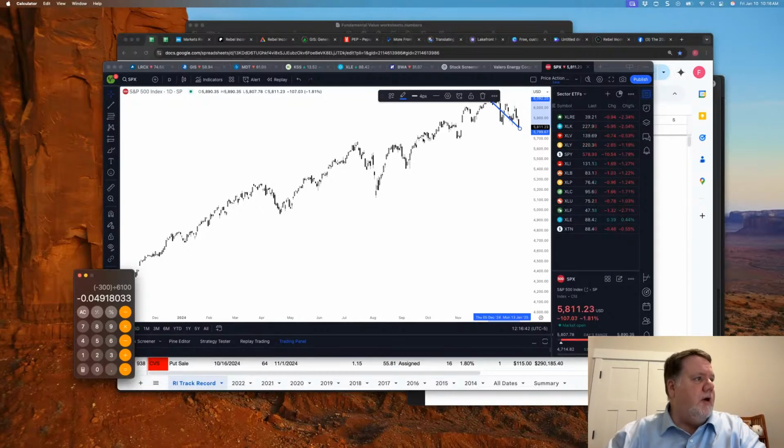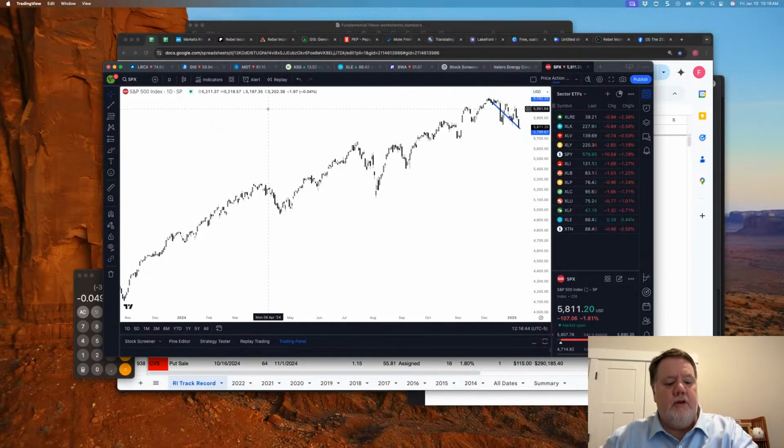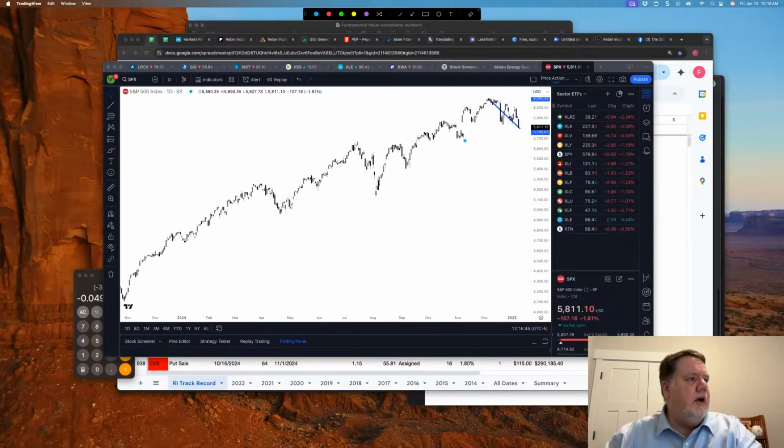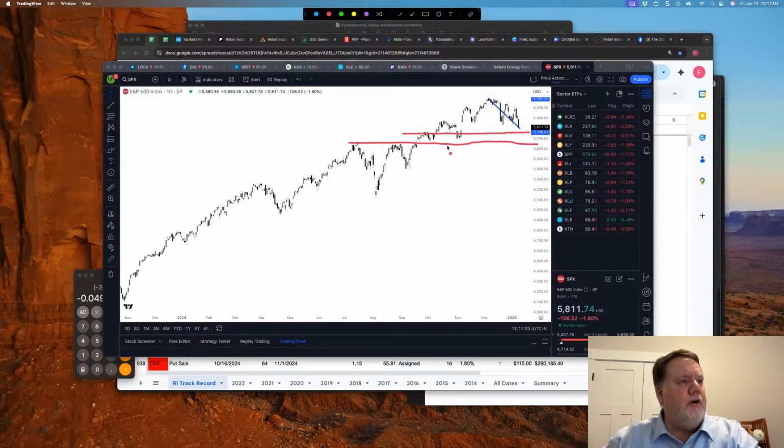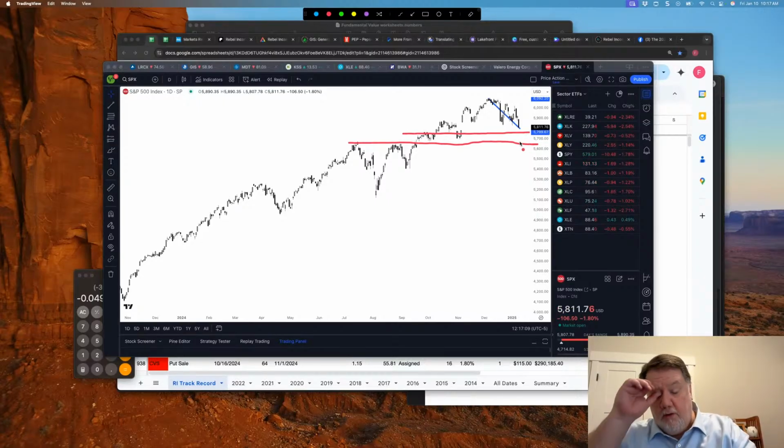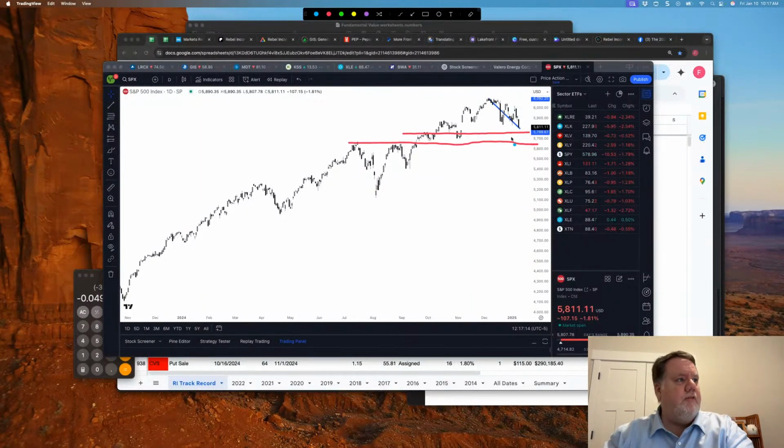And if we're talking about where the next likely support would be, go here a little bit, which is pretty close to the current level. Maybe here. So it looks like we've got pretty solid support at a couple of different levels, maybe 5,750 or 5,650. Either way, we're still well off of correction territory for the S&P 500.